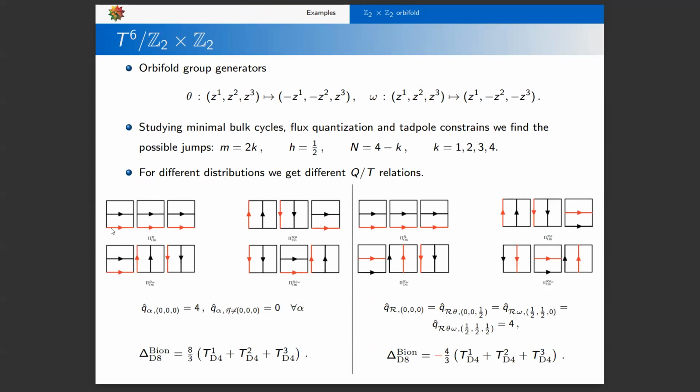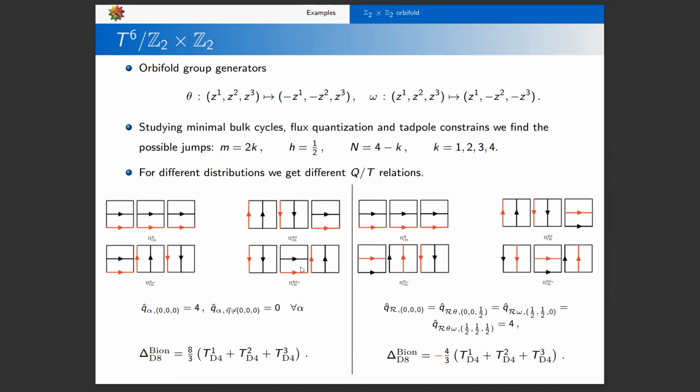And since the D-branes are overlapping, the contribution will be positive. We can take this one and this one, and this one and this one, and we sum over all of them and get this correction in terms of a sum of the induced tensions of D4 branes wrapping each of the tori.